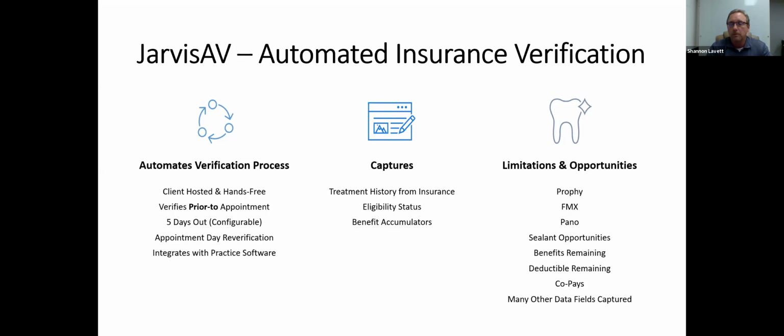In downloading that treatment history, as you can see on the right with limitations and opportunities, this is really where we're pulling down information around dates of service for pro fees, FMX, Pano, sealants, those types of things, but we're actually doing the mental gymnastics to show you if this patient is coming in for a pro fee, we verify with the insurance company, not just your practice management system, that this patient is actually covered for that procedure, that this patient did not have it done 3 months earlier at a different physician or a different dentist. So, making sure that that patient's coming in for a procedure that is actually covered. You don't want surprise payments or things like that to come up.